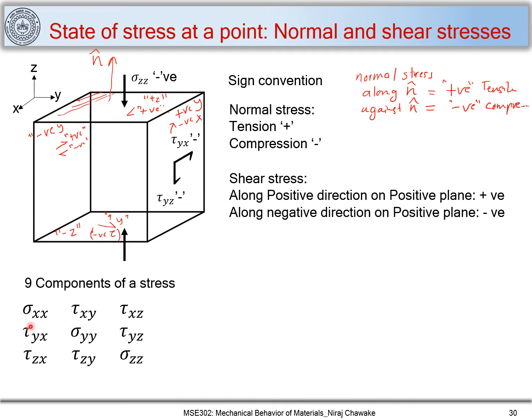We have seen sigma xx, tau xy, tau xz, tau yx, sigma yy, tau yz, tau zx, tau zy, sigma zz. Now you can see that the diagonal components are your normal stresses, and the other, non-diagonal components are your shear stresses.